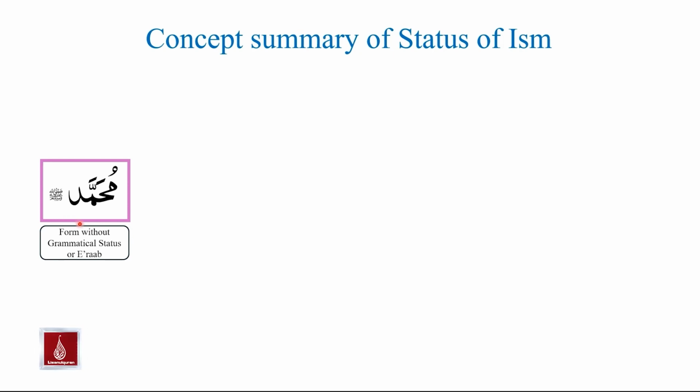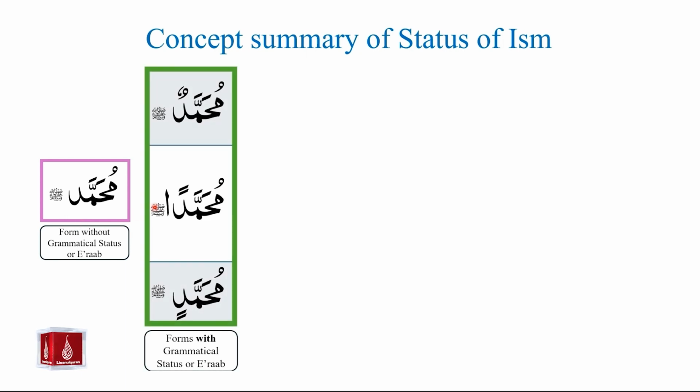In the Arabic text, Ism Muhammad will appear with its grammatical status. So the Ism Muhammad will become either Muhammadun or Muhammadan or Muhammadin. In each form, we see that there are changes occurring at the end of Ism Muhammad. So here we have Muhammadun, here we have Muhammadan, and here we have Muhammadin.